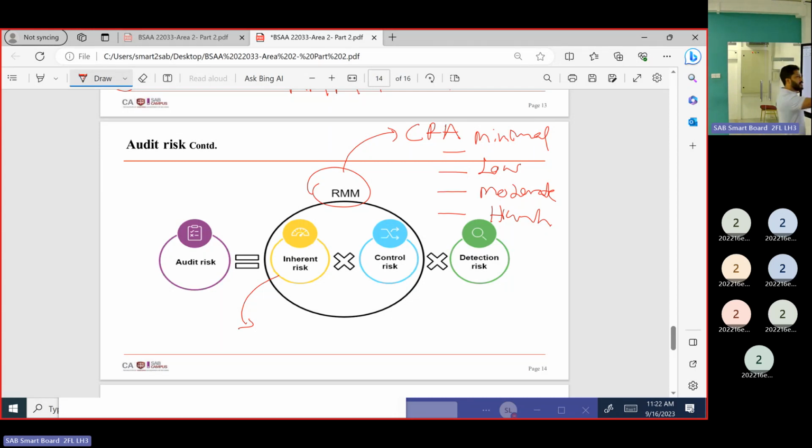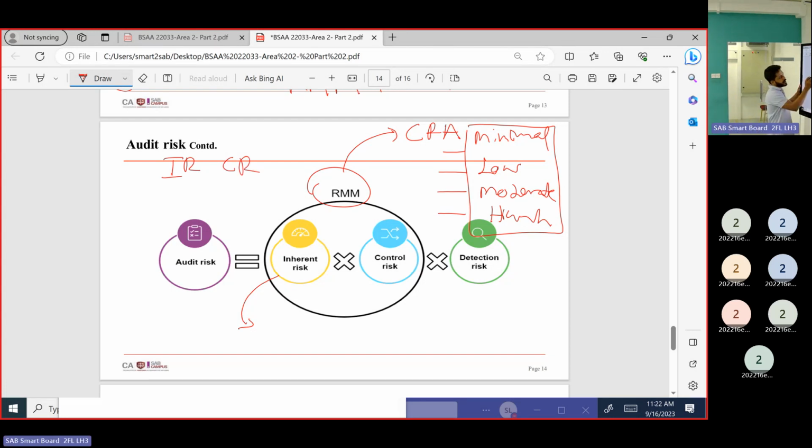How are we deriving this? Based on the inherent risk and the control risk. So you can say here: inherent risk, control risk.